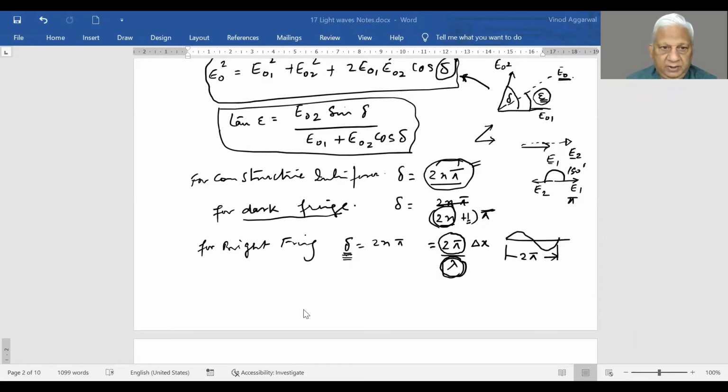So when we take 2 pi, then what happens is our delta x is lambda.